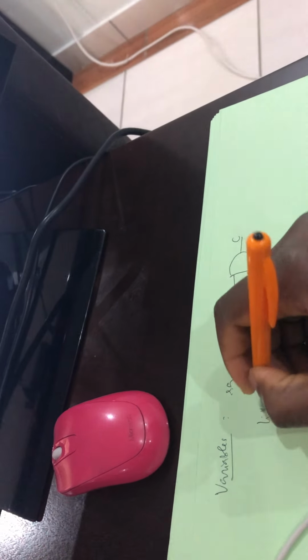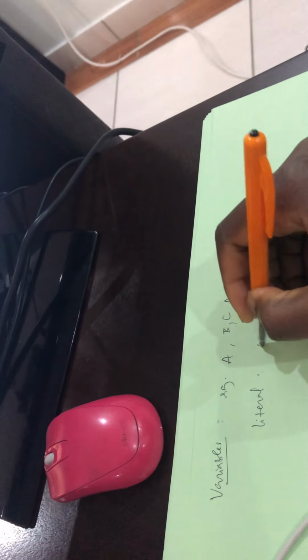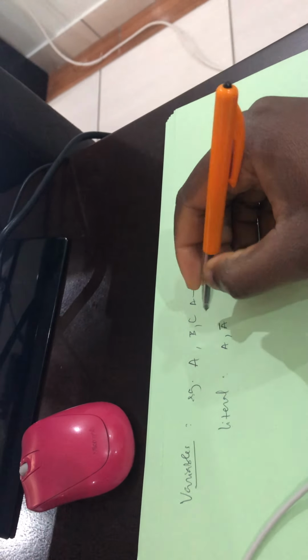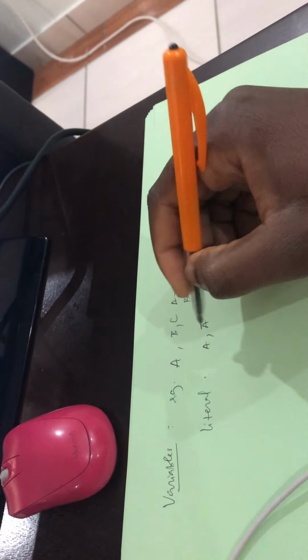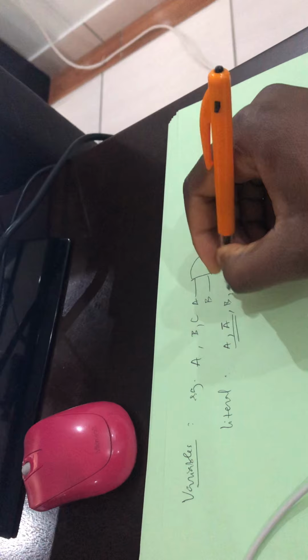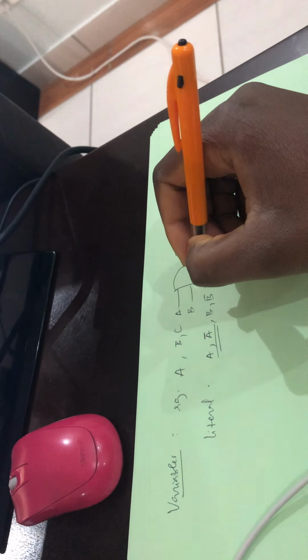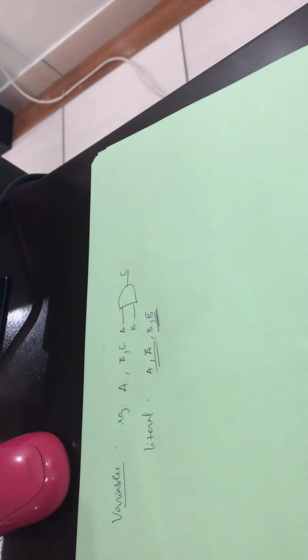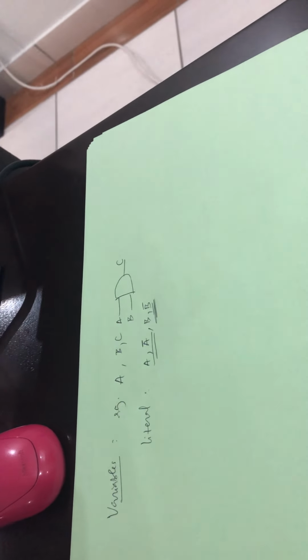When we speak about a literal, on the other hand, A is still a variable and a literal, but A bar is also a literal, but it's not a variable. It's the complement of a variable in this case. So in short, what we are trying to say is that all variables are literals, but not all literals are variables, because when it comes to literals, we've got complements of variables which form part of literals as well.